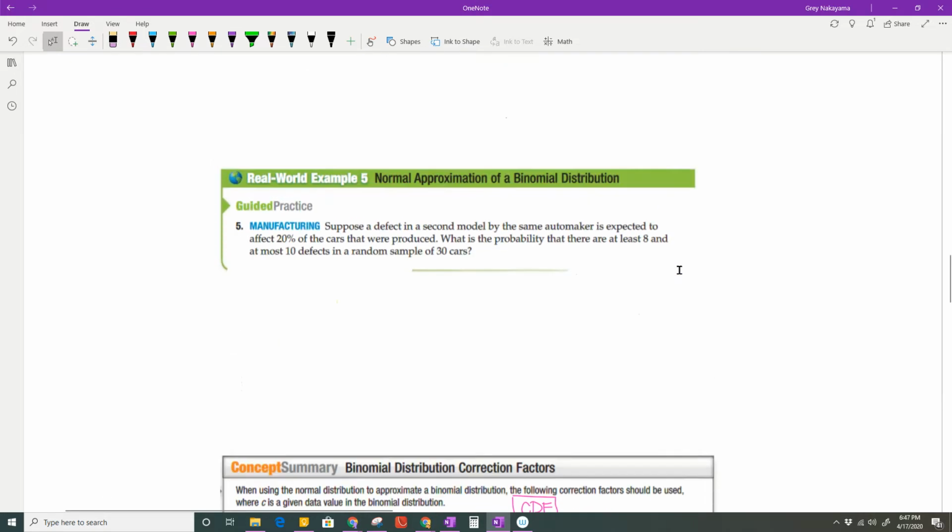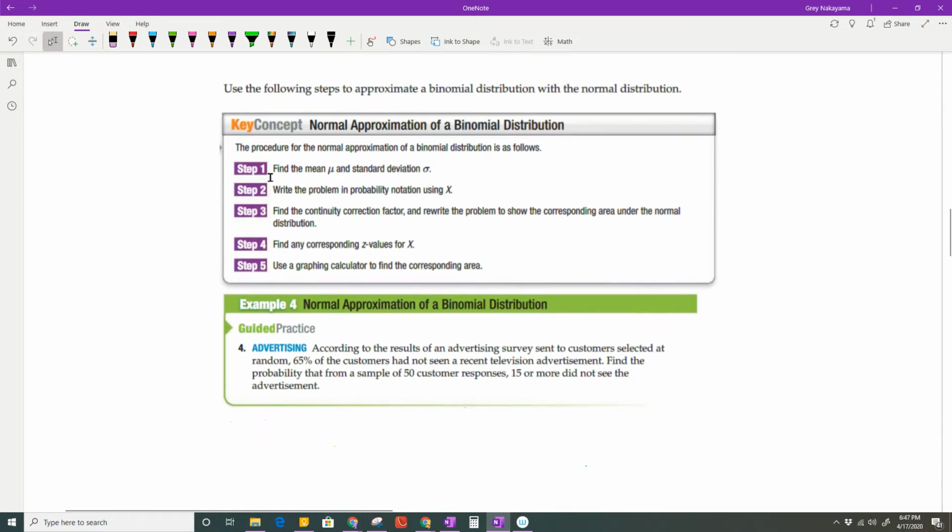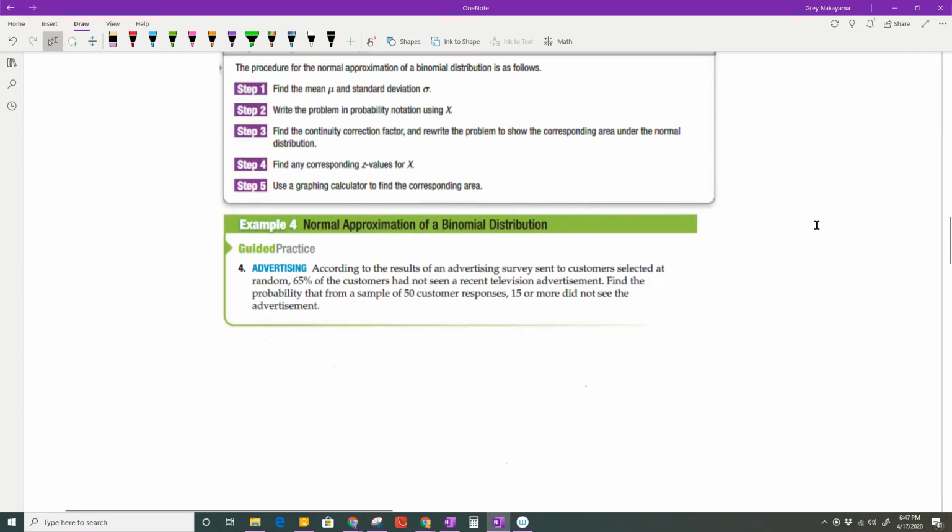So let's go start. Now, when we are going to approximate a binomial distribution with the normal distribution, these are some steps that you can follow. When I do this problem, you're going to see that I number these steps as I go through, so you can look back up.